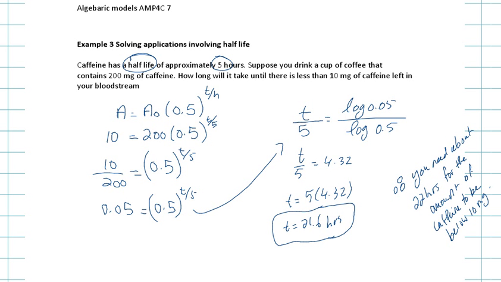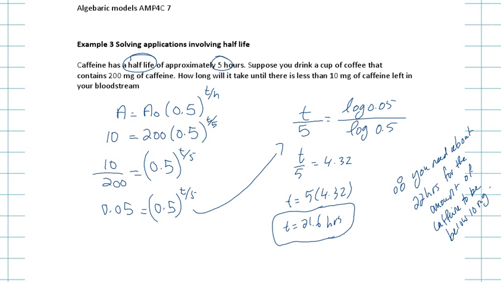So it's going to be 200 times 0.5 to the power of 24 over 5. The 5 hours is not changing. The question changed. Instead of asking how long will it take until a certain amount, the question is asking how much caffeine you have left after 1 day.